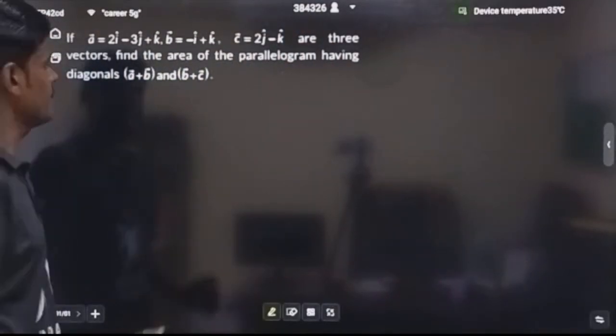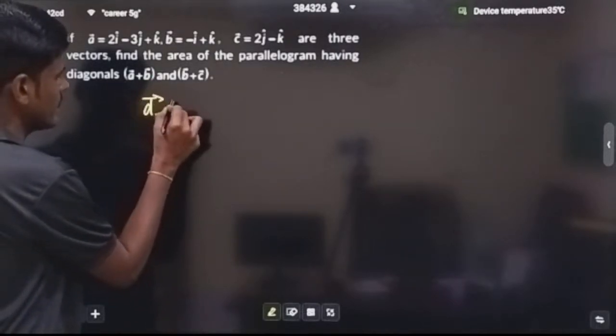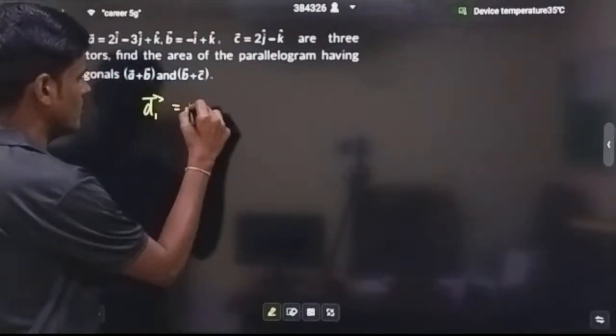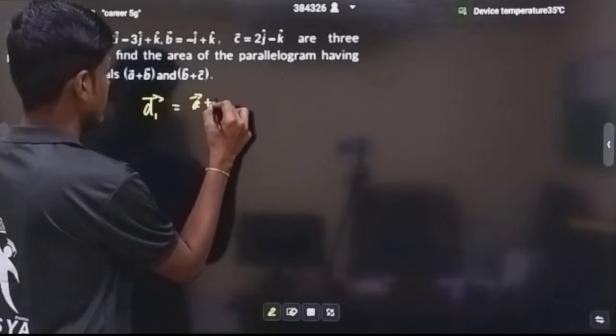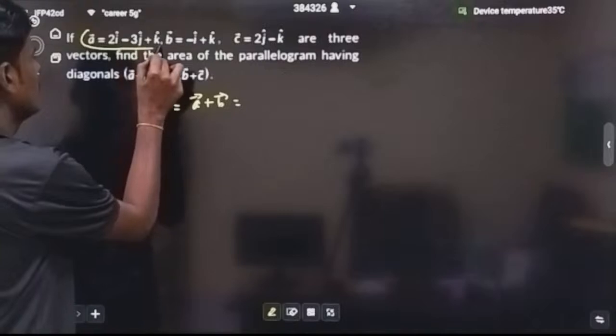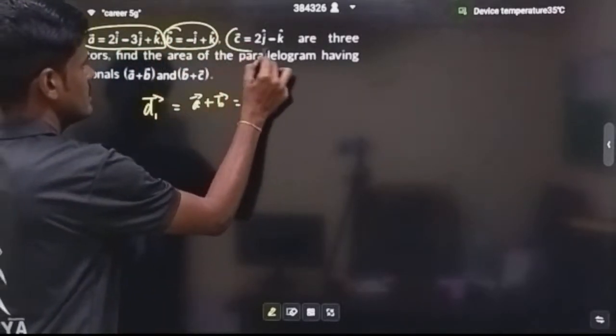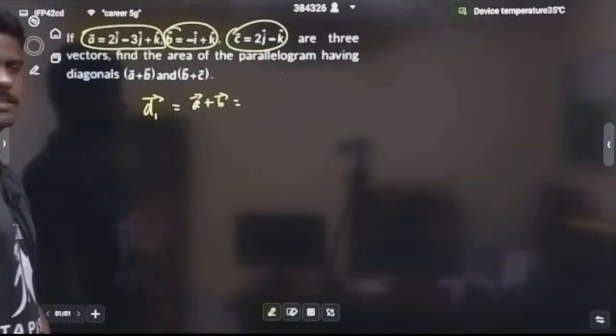Another simple question. What is given? Let's take diagonal 1, D1 vector, as A plus B vector. A vector is this, B vector is given by this, C vector is given by this.